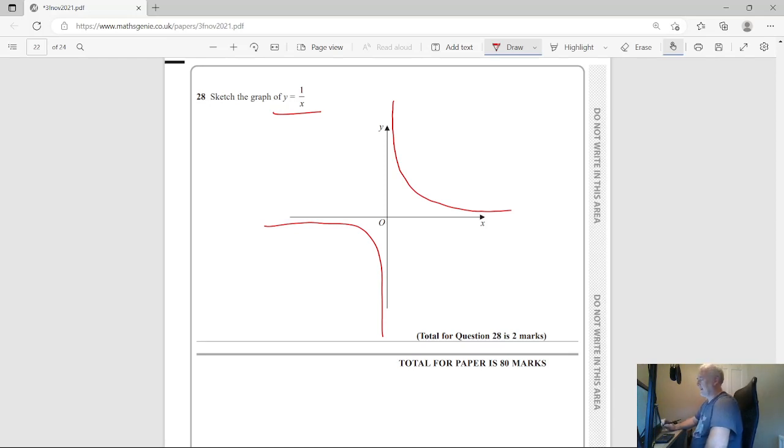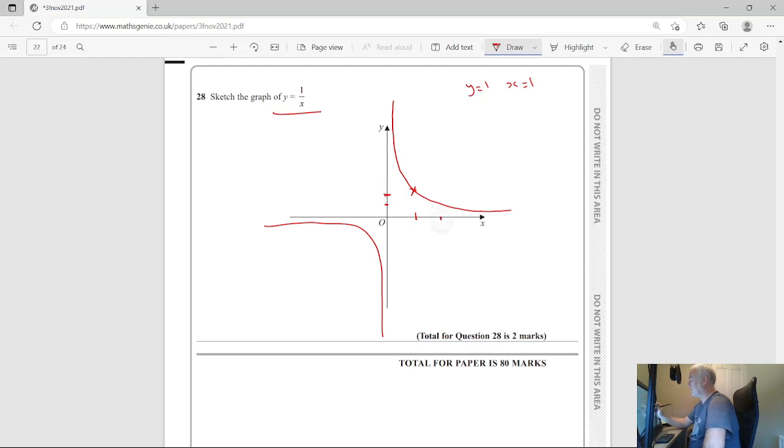So if we think about it, when y equals 1, 1 divided by what equals 1? So x equals 1. So when y equals 1, x equals 1.